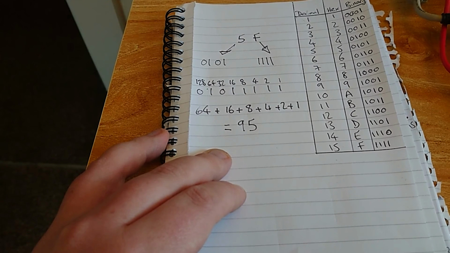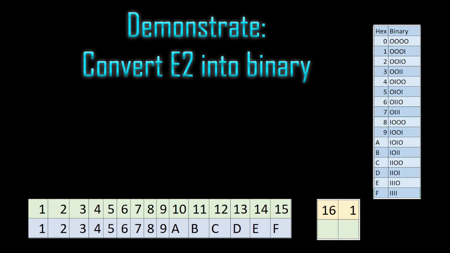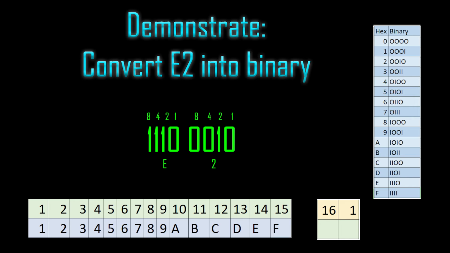Let's move on. Now on to a demonstrate task. Now I'd like you to convert E2 into binary. For about 5 minutes. Pause the video now. So here's the answers.